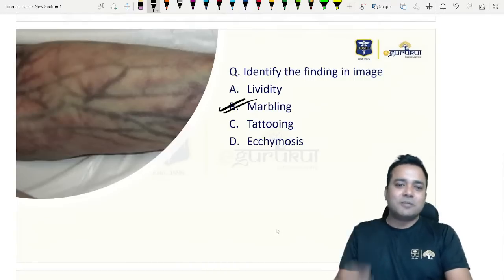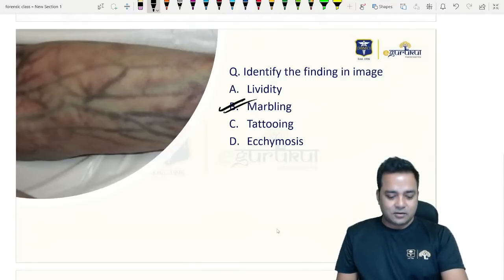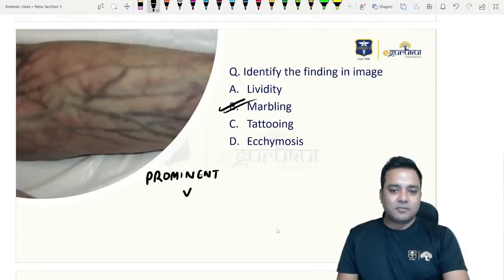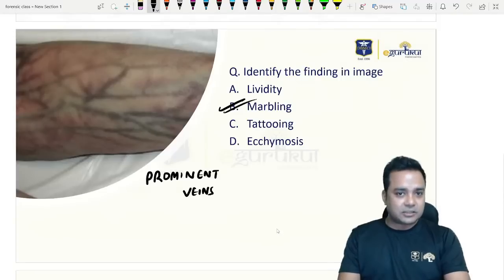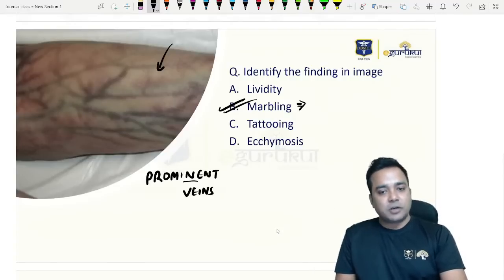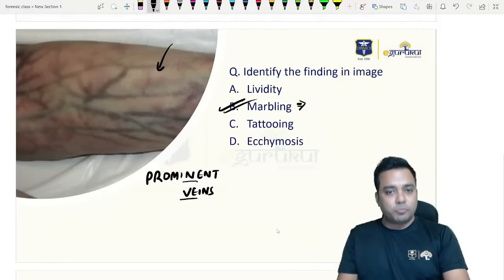This question does not need discussion. The moment you see prominent veins with greenish discoloration, it means putrefaction. And what we should remember in relation to marbling: this is greenish discoloration of superficial veins, and the veins become prominent due to sulf-hemoglobin pigment.